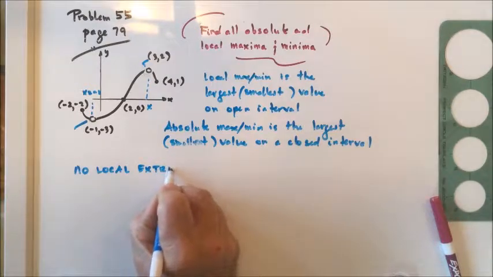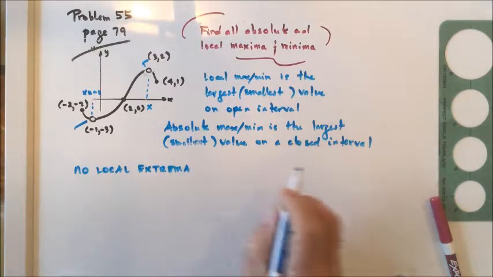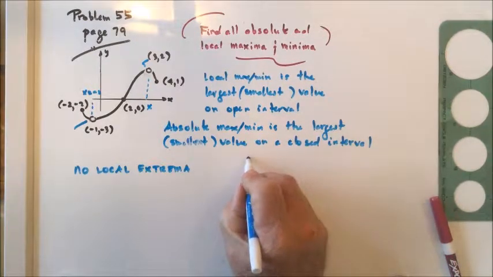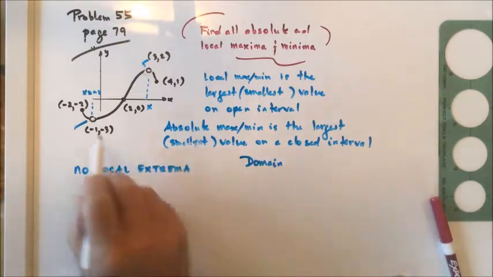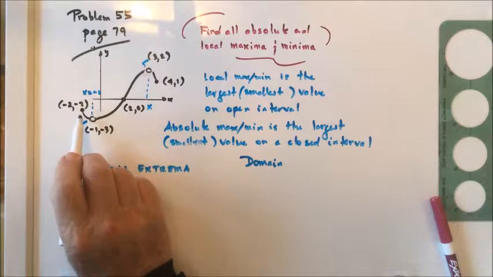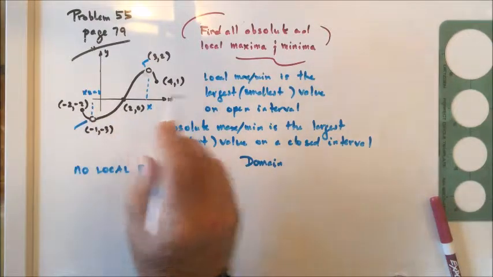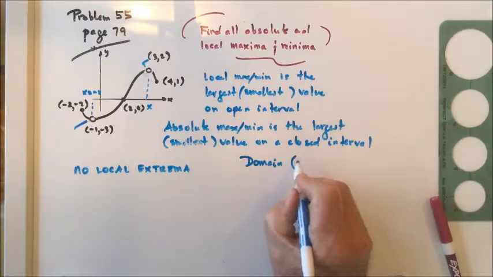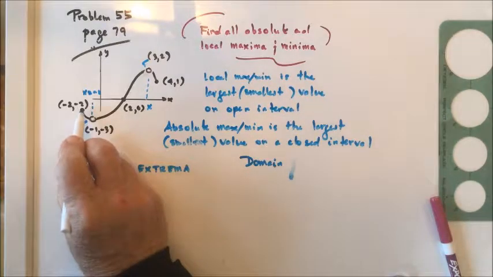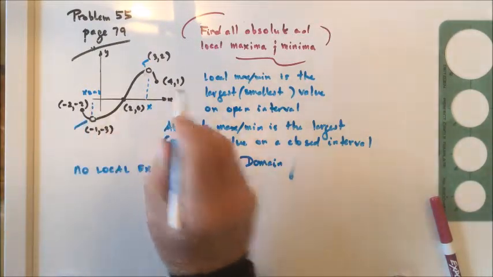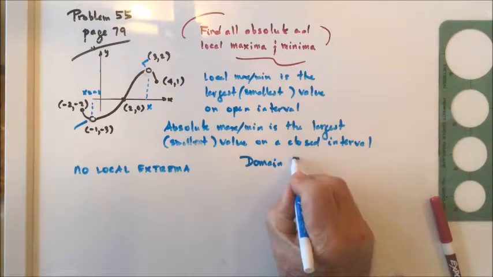Just to hit that point home, let's come over here and say what the domain of this function is. The domain is all the points between -2 and 4, with a closed interval, because the function includes the point (-2, -2), and it includes the point (4, 1).